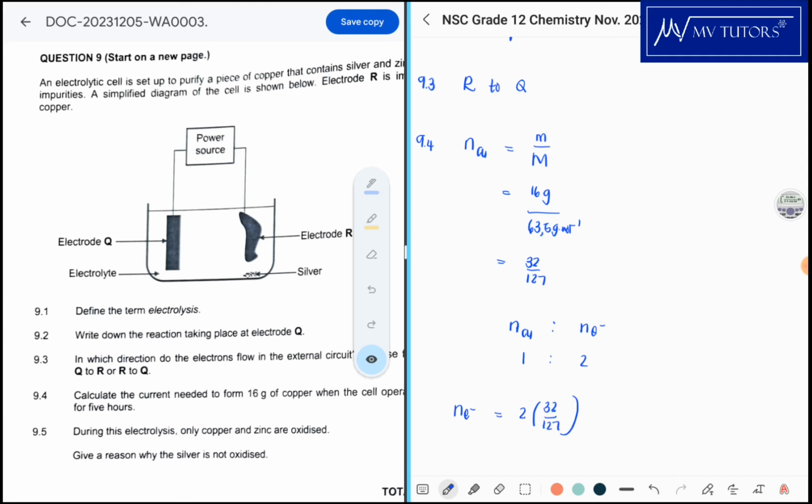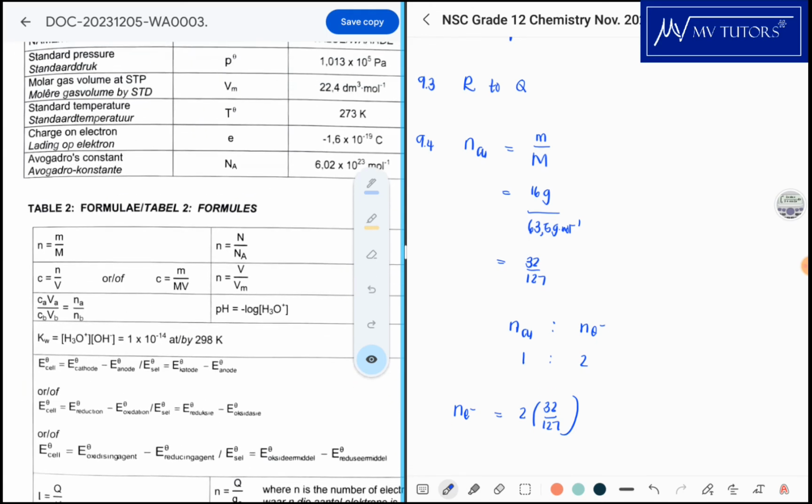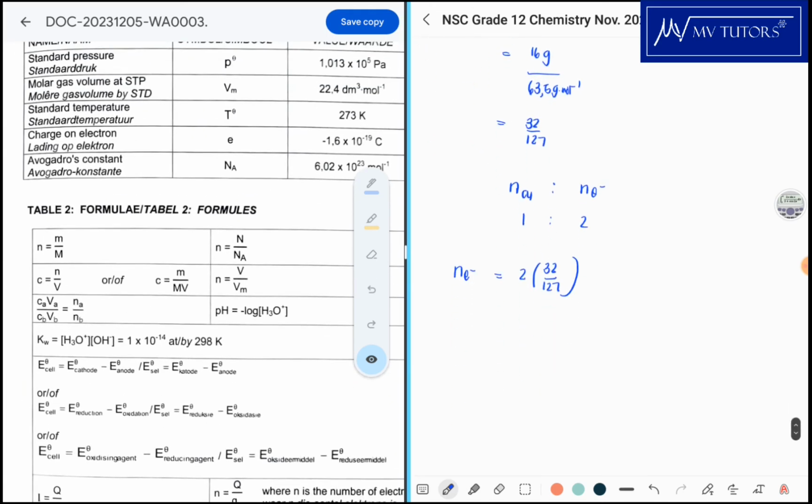And why is that important? We're going to look at our formula sheet and use the formula where the number of moles is equal to N over Na, where Na is Avogadro's constant.